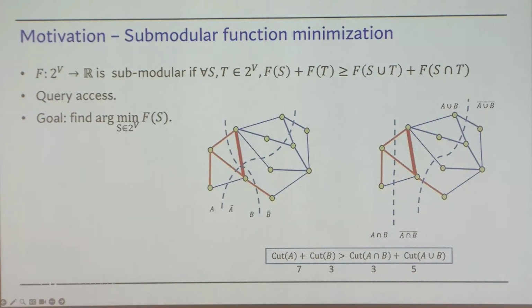To see how this inequality holds, this is a proof by picture. There are 2 cuts, A and B. If you look at the intersection and union, you see that this red edge is counted twice over here, but it's not counted at all on the right-hand side. All other edges are counted once on both sides. So that's sort of a proof by picture.